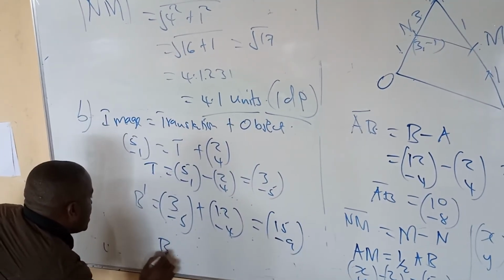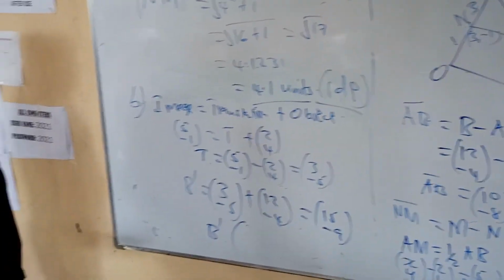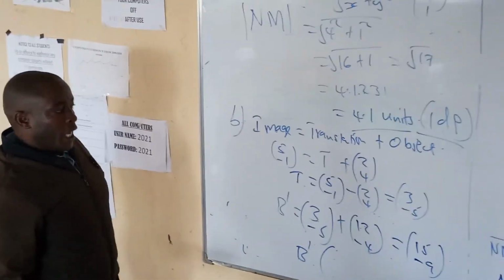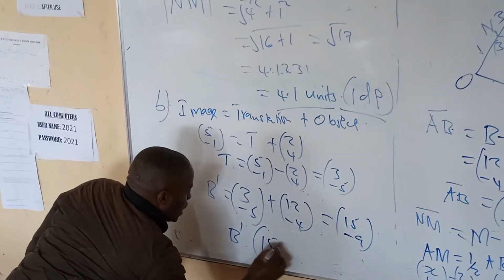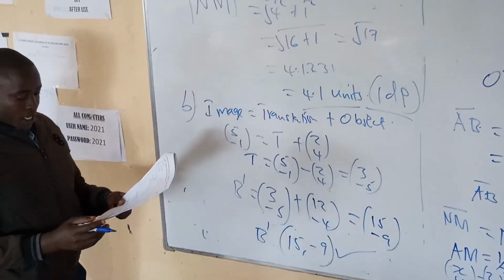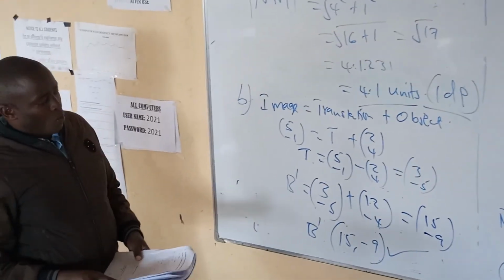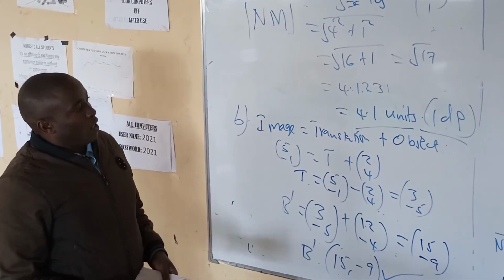So the B image in coordinate form, if you leave it in vector form, you will not score, because you have been asked to find the coordinates, and therefore you must write in coordinate form, that is (15, -9), for you to score. So that is how simple the question was. It only needed your reasoning, then you score the whole 10 marks.